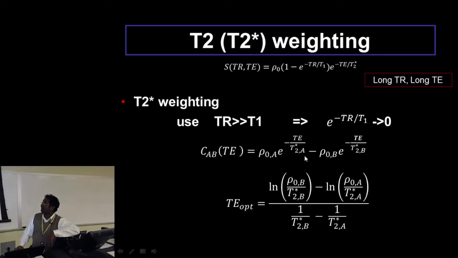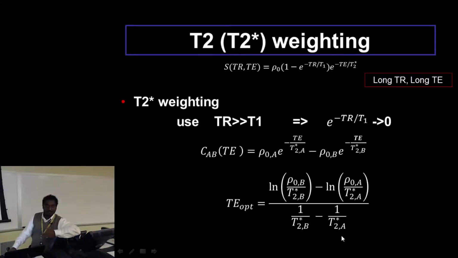That's your exponential decay. Then if you work out the optimal TE to get the maximum contrast between two tissues with T2A and T2B, once you differentiate and set it equal to 0, you will get this expression.